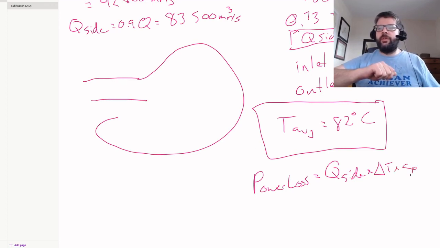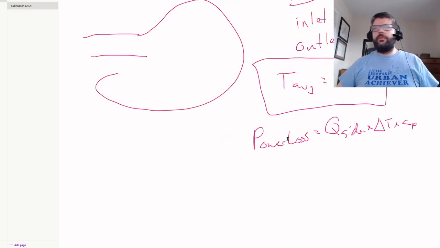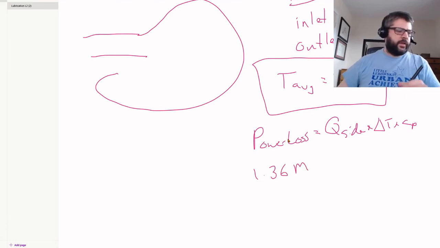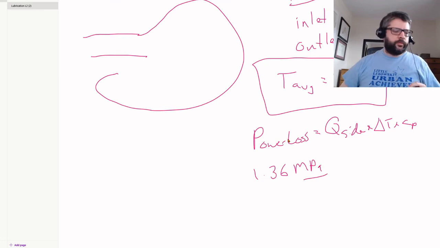Again, you'll recall that the specific heat capacity mentioned for typical lubricating oils in one of the previous lectures was 1.36 megapascals per degree centigrade.